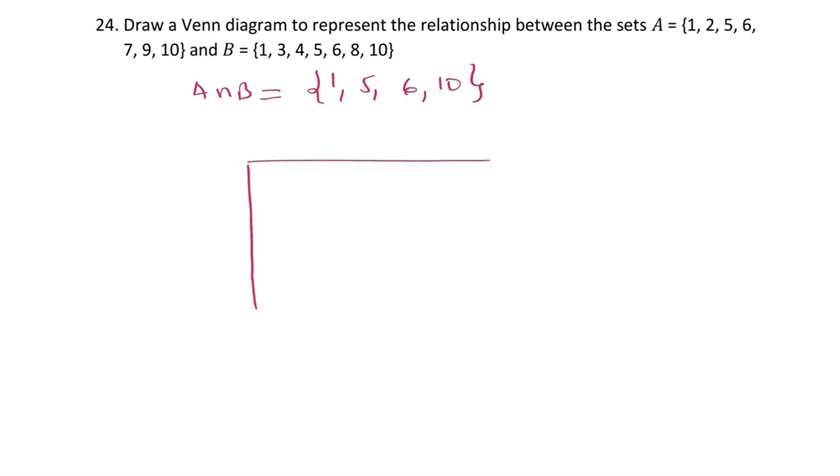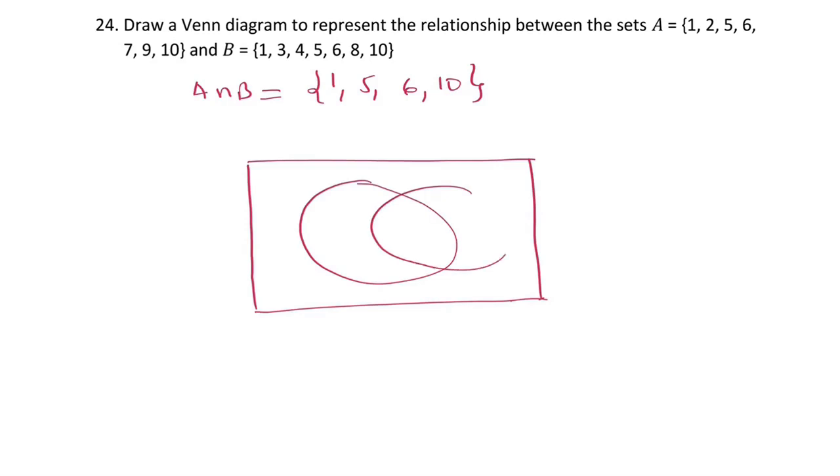So we have a table. We are going to have two sets inside our table. And then this is a set for A, and here is for B. And this is our universal set. Next, let us fill the elements for each set. We are going to start with the values in the intersection.